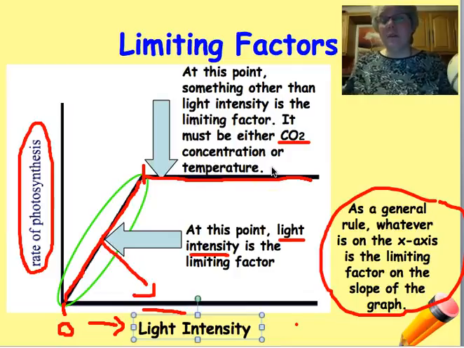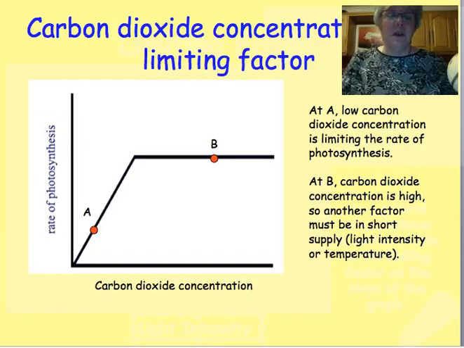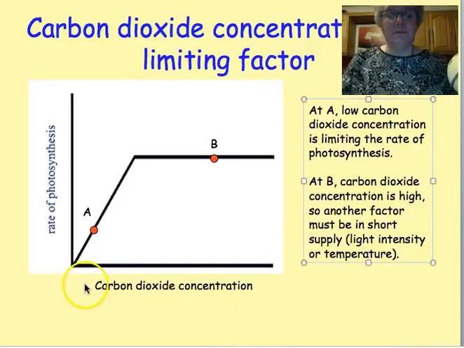So let's have a bit more of a look at these graphs without quite so much writing on them. If I move on to the next slide, here's another one. On this graph, you'll see we've got carbon dioxide concentration at the bottom.